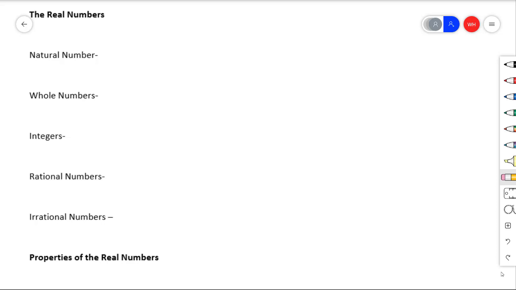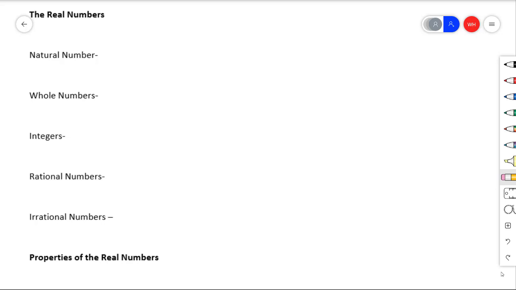Alright, so in this class we'll be working first with the set of real numbers. So let's talk about the set of real numbers. It is broken up into subsets, and the first subset is the set of natural numbers.